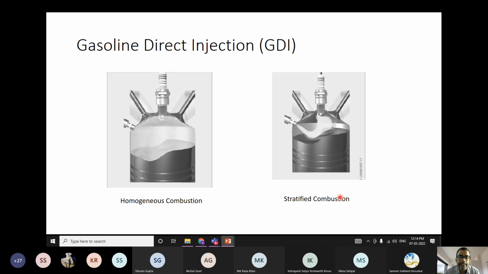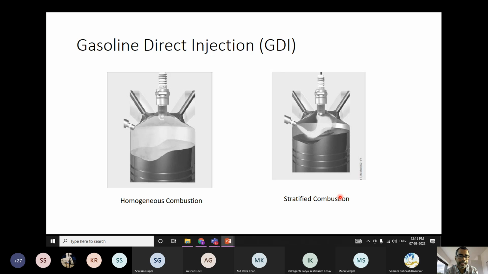In GDI, gasoline direct injection, particularly in the homogeneous combustion mode, the fuel injection pressure can vary from 50 bar to around 200 bar nowadays. So now you can see how much the fuel injection pressure has been increased.